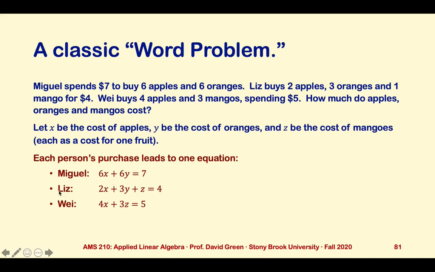The second individual, Liz, 2 apples and 3 oranges and 1 mango for $4. 2x plus 3y plus z, 2 apples plus 3 oranges plus 1 mango, equals 4. We do the same thing for Wei, 4 apples and 3 mangoes, 4x plus 3z equals 5.